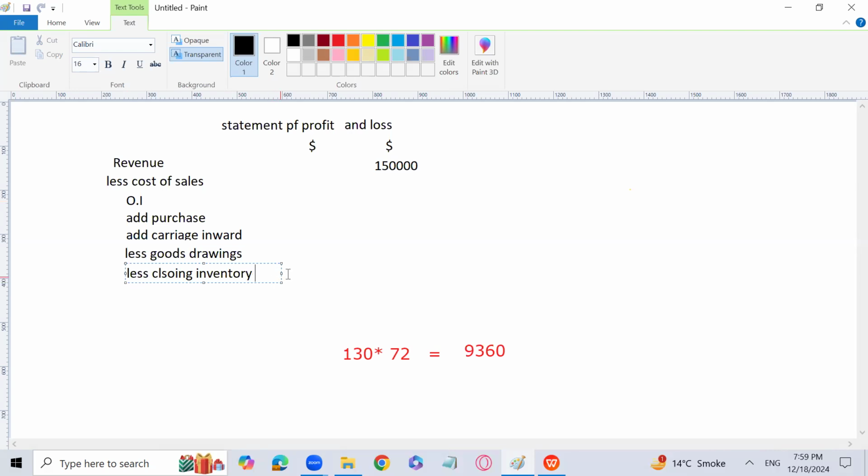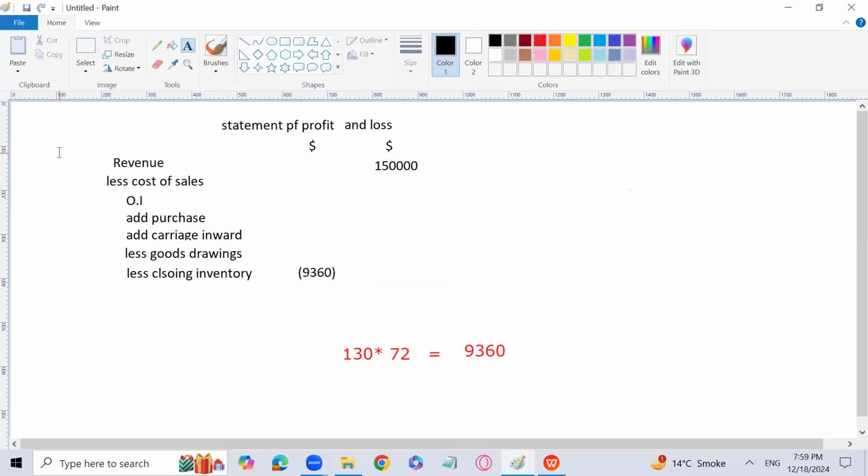That is 9360. We have already done that. So closing inventory is 9360, which needs to be subtracted to get the amount of cost of sales.